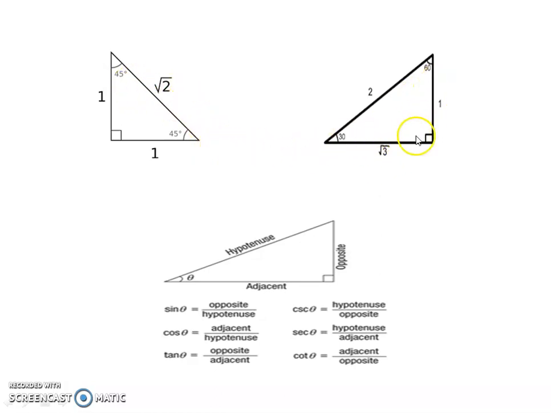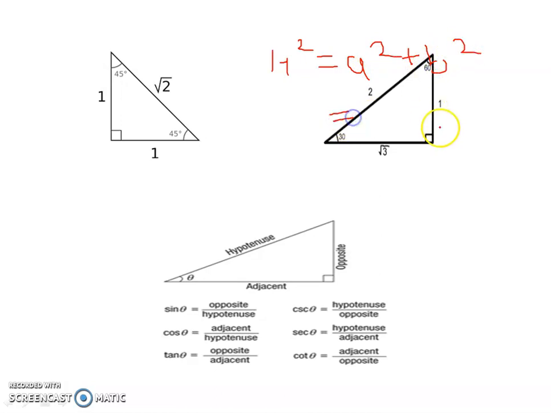Now 30, 60, 90: root 3 is one side and 1 is the other side. How do we establish that the hypotenuse is 2? We know that h square is equal to a square plus b square.